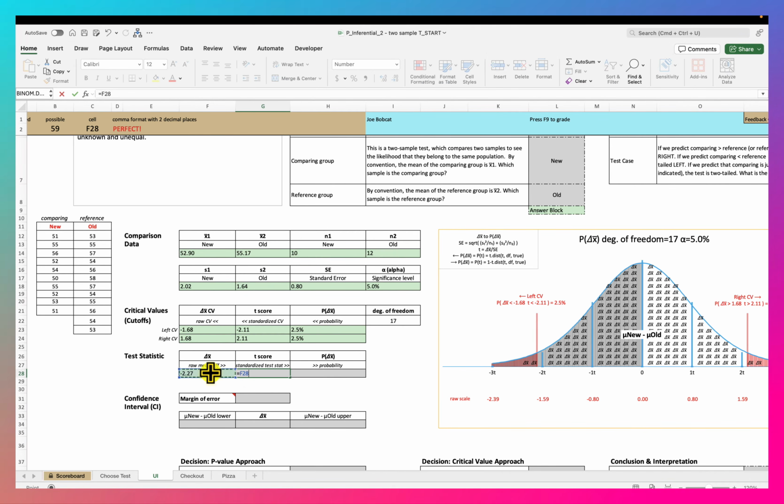Equals delta x bar divided by the standard error. And if you think about it, before it was always x bar minus mu, but mu is 0. So it's just delta x bar divided by the standard error.